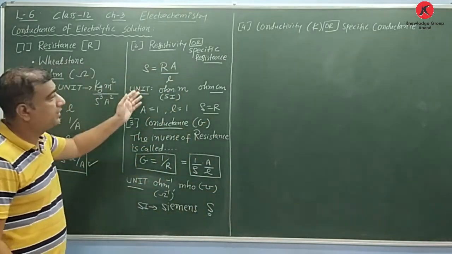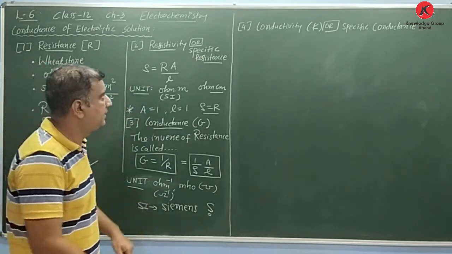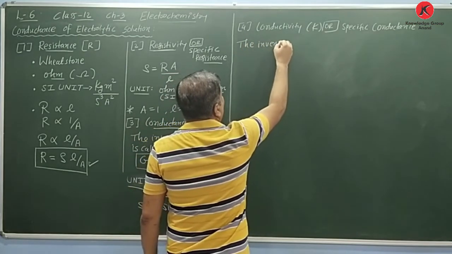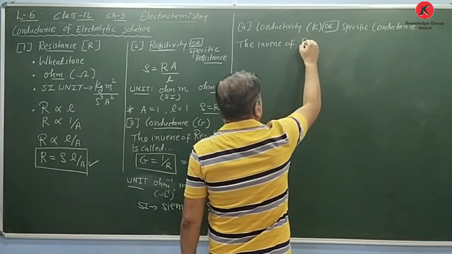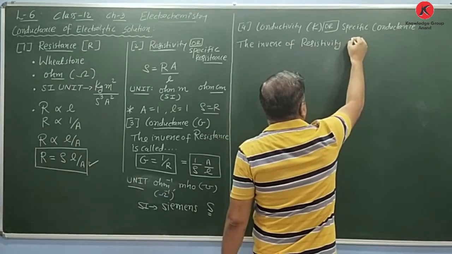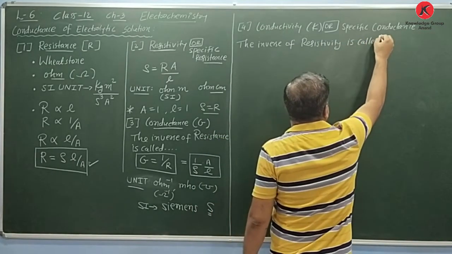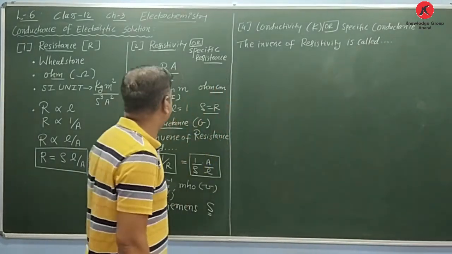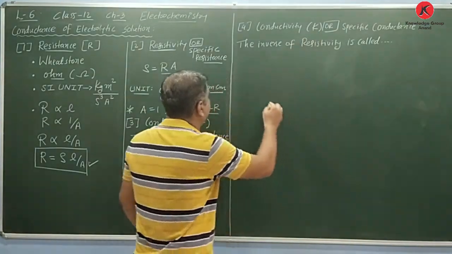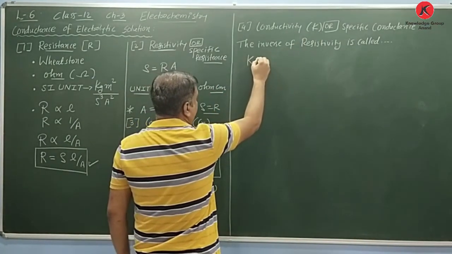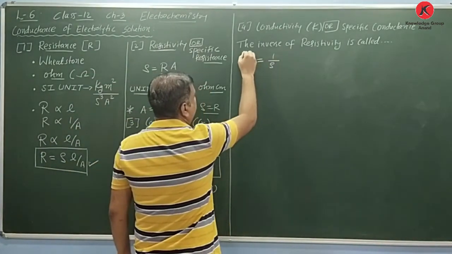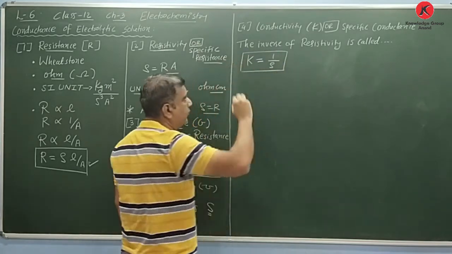Now conductivity means the inverse of resistivity. The inverse of resistivity is called conductivity. Its symbol is kappa. That means kappa, that is conductivity, equals 1 upon rho.